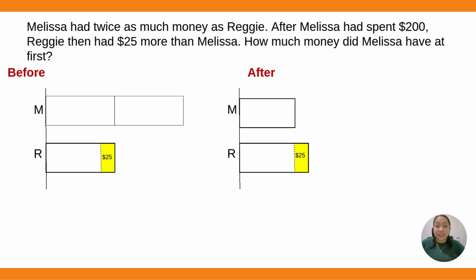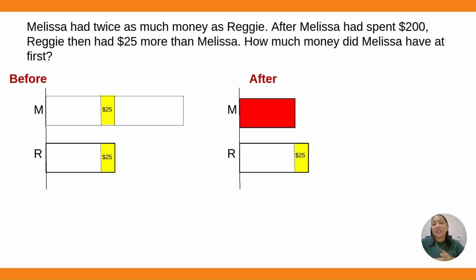As compared to Melissa, who spent $200. So, we can also mark that short part of Reggie's before bar $25. Now, since that yellow part in Reggie's before bar is similar to that part of Melissa's before bar, we can also mark that part $25.